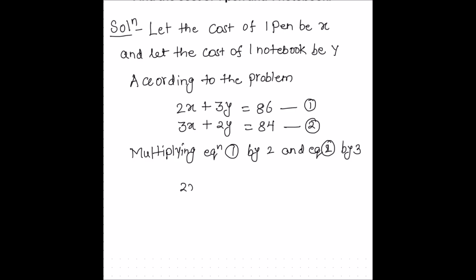So this will be 2x plus 3y equals 86 times, and this is 3x plus 2y equals 84 times. So first equation we are going to multiply by 2 and the second one by 3.